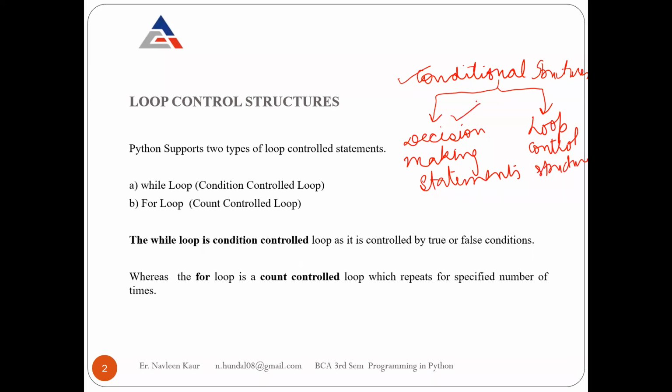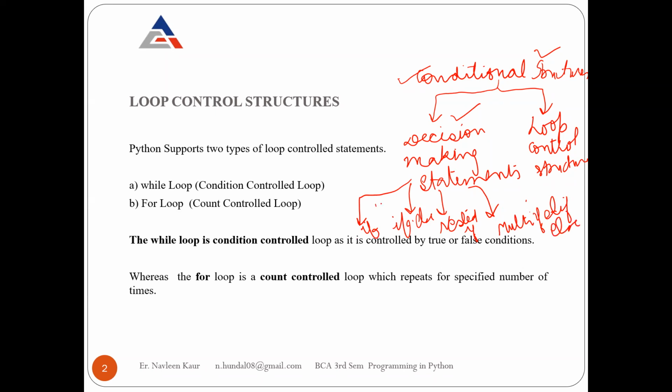The decision making statements we have covered in our last class. They are those conditional structures in which there is a condition, and on the basis of that condition you make certain decisions. We discussed a total of 4 types: only if, if else, nested if, and the last one, multi-way if, elif, else.